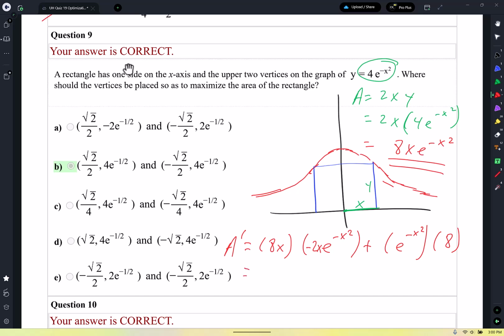Let's go ahead and simplify this so it looks easier. I almost put an x in there. We're going to factor out an 8e to the negative x squared, and that's going to give me 2x, negative 2x, plus 1.